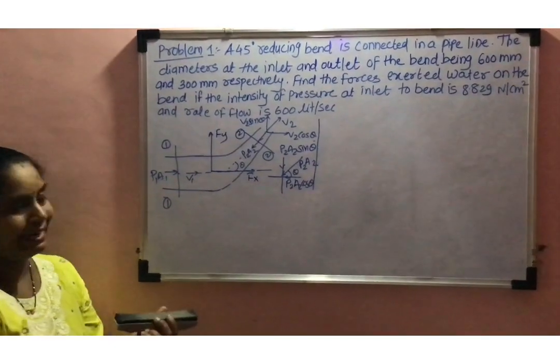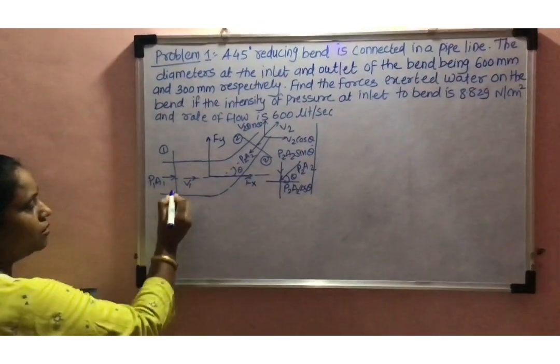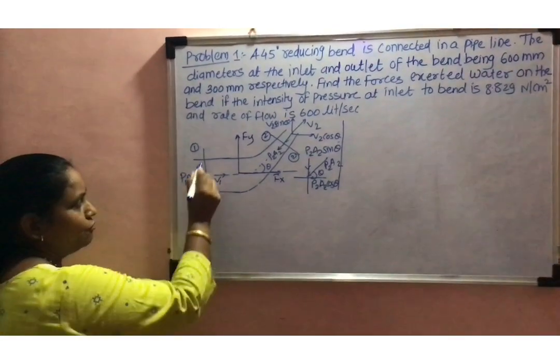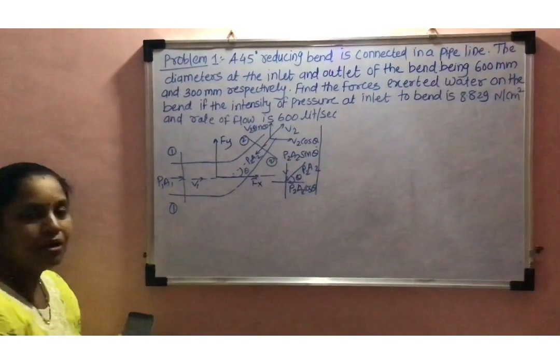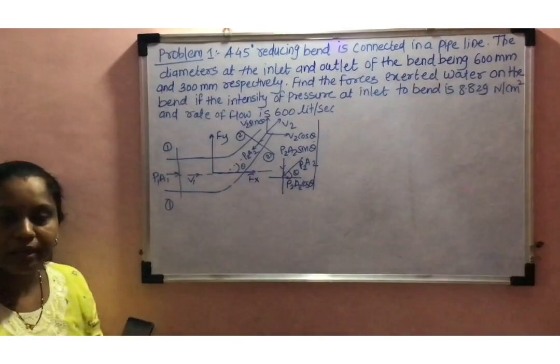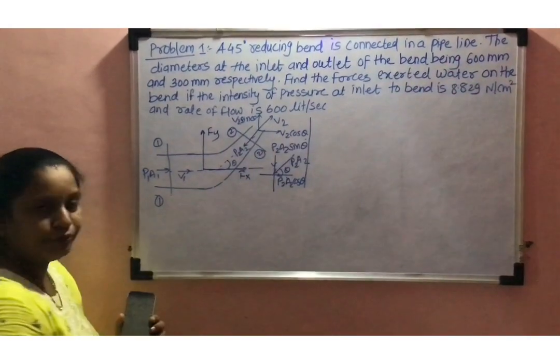As given data, this is the diagram. Here the force P1A1 acts, which is the pressure force at inlet. Here is the pressure force at outlet. At inlet the velocity is V1. At outlet the velocity is V2.